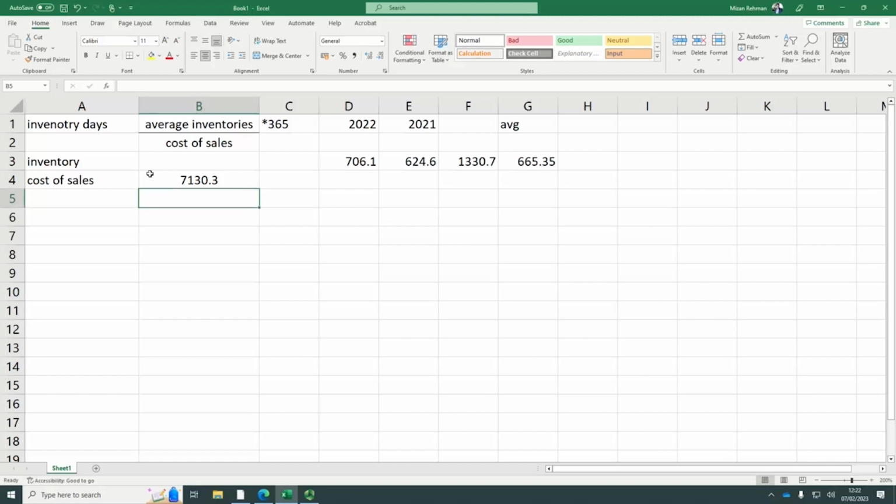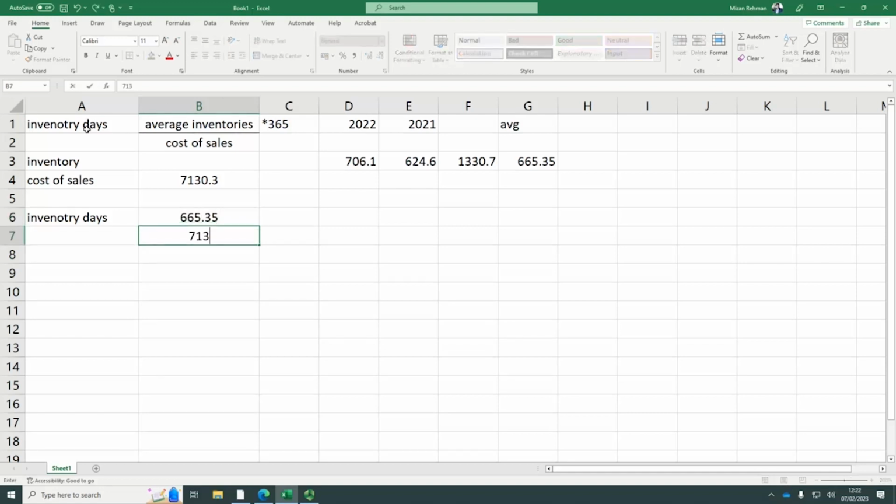So what I do is average inventories 665.35 divided by 7130.3 times 365 days, and if I use the bracket, I can do it in one step.